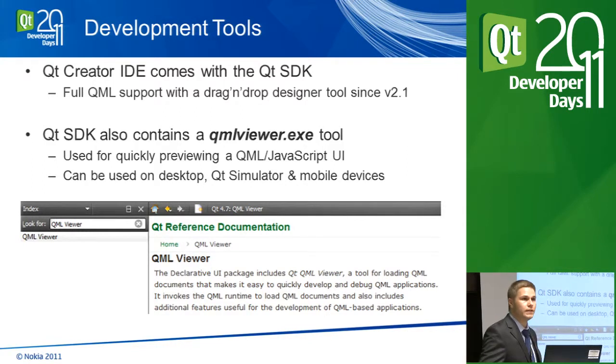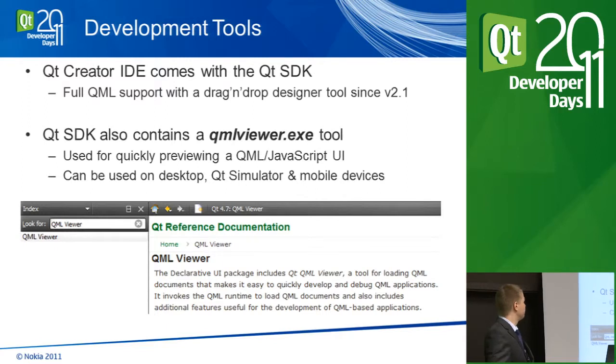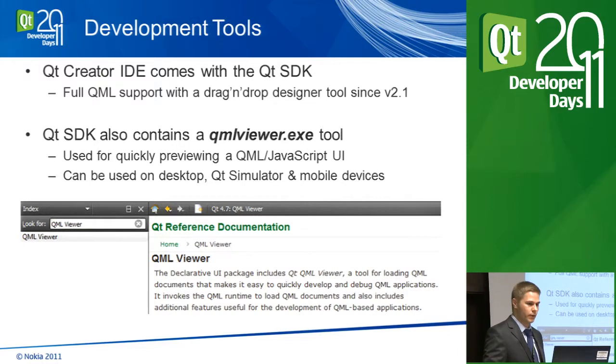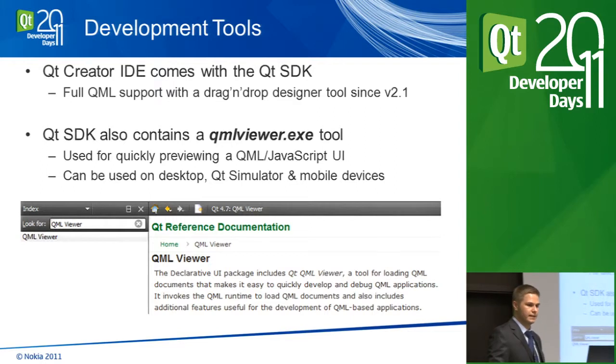Okay, let's go to development tools. First of all, there's the Qt Creator that we discussed already. It has full support for QML, and the designer that I mentioned already is an integrated part of the Creator.